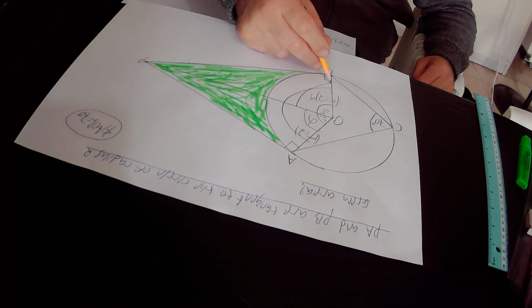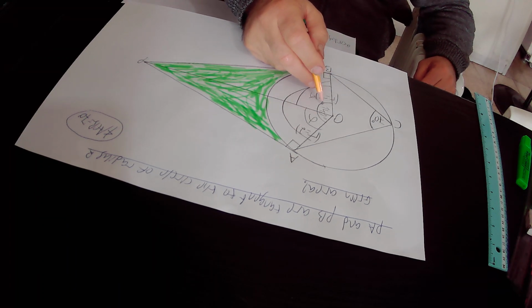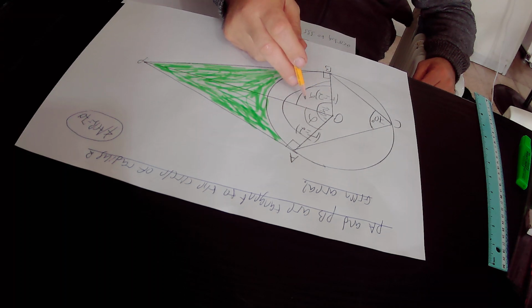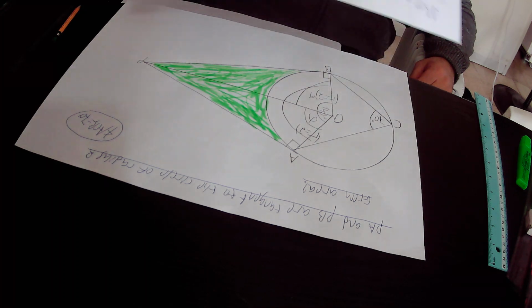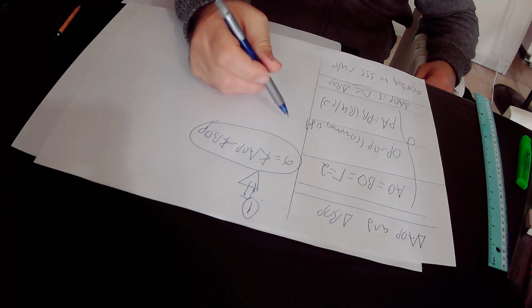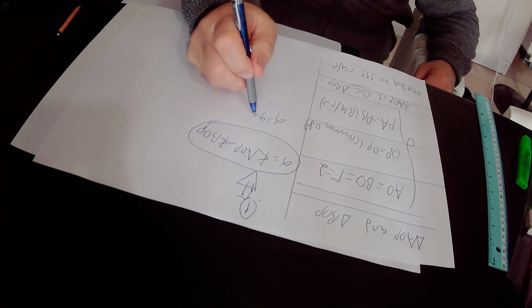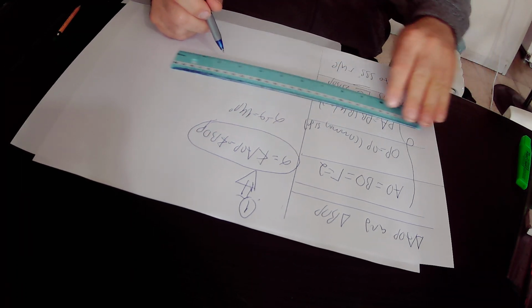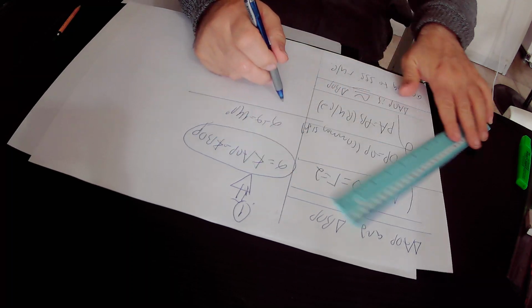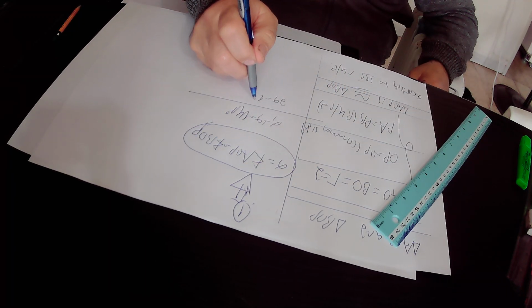And we already found out that this angle equals 140 degrees. That is to say, alpha plus alpha equals 140 degrees. So I write it down. Alpha plus alpha equals 140 degrees. That is to say, 2 alpha equals 140 degrees.